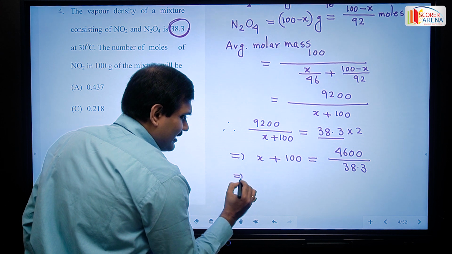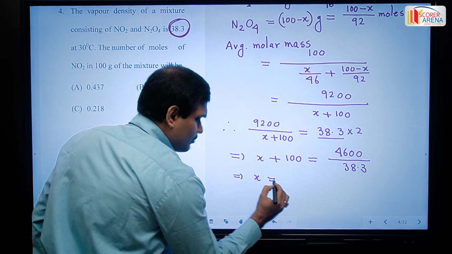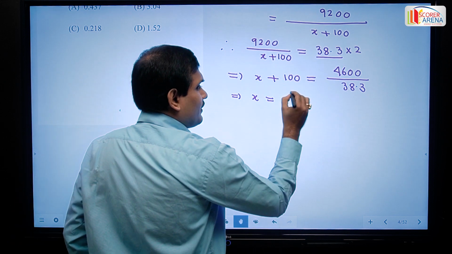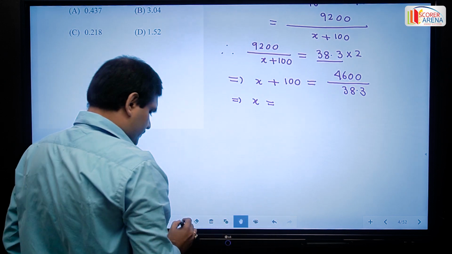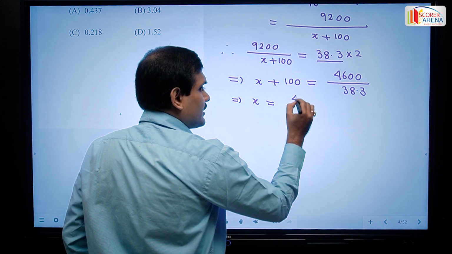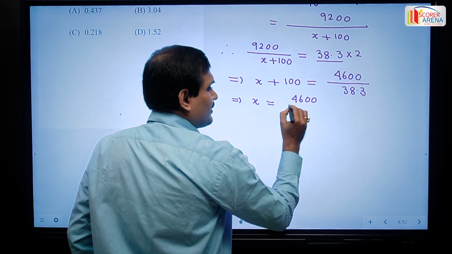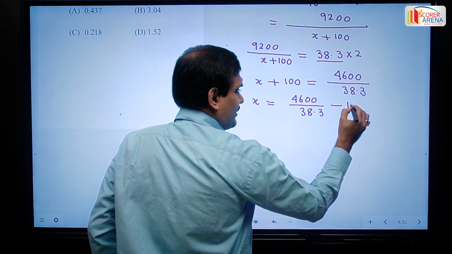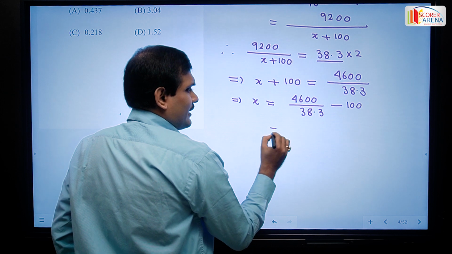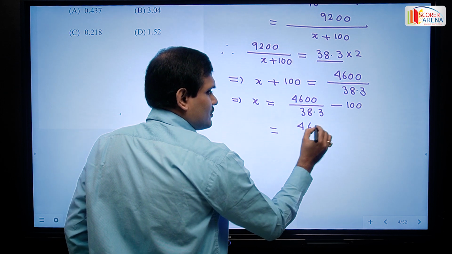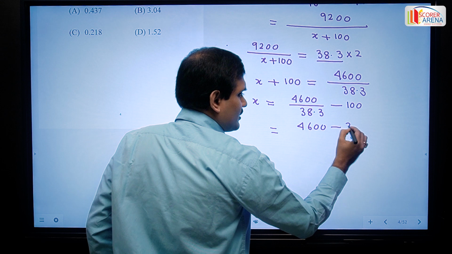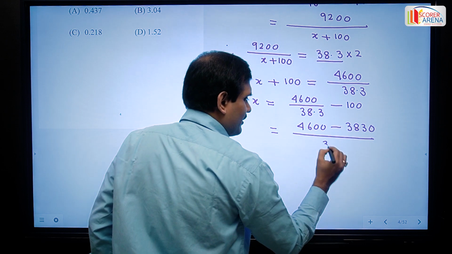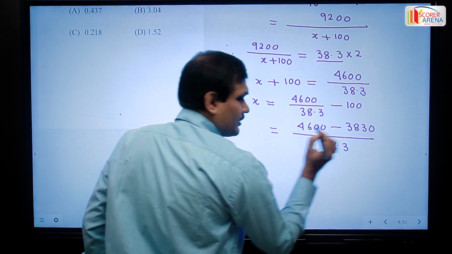So x is equal to 4600 by 38.3 minus 100, and hence 4600 minus 3830 divided by 38.3.